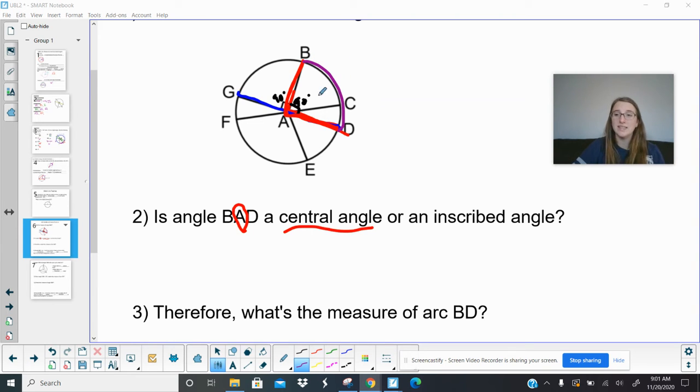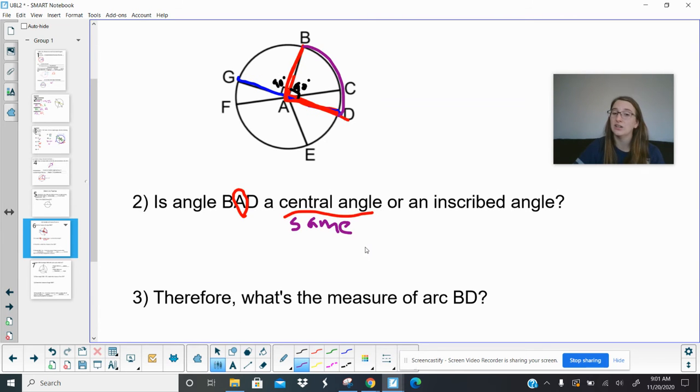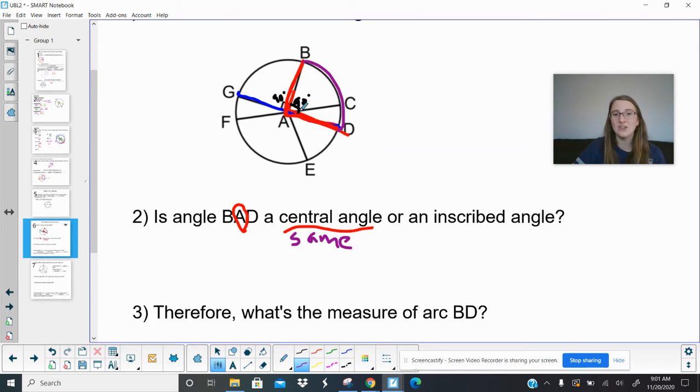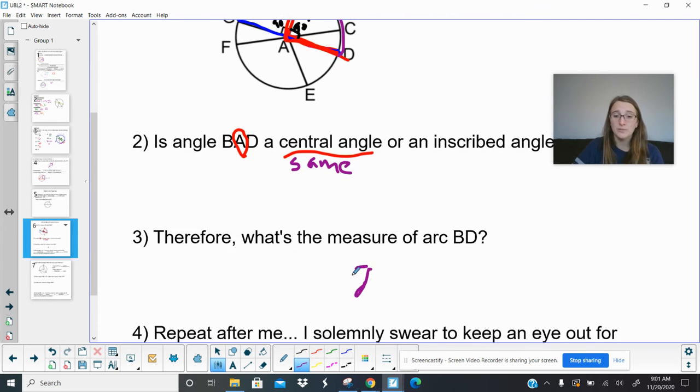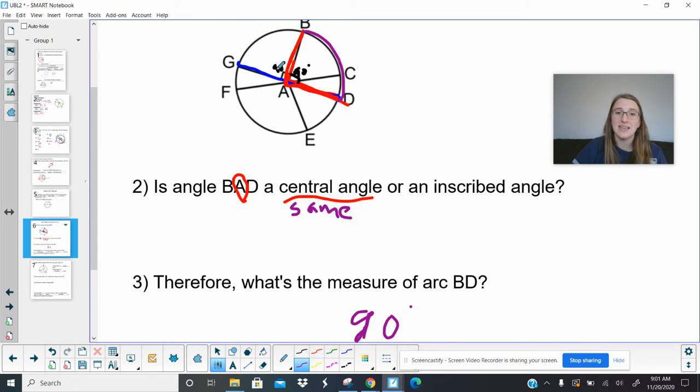These two are going to be the same when it's a central angle only. Central, same as the arc. So if the angle is 90 here, what does the measure of this arc have to be? 90 as well.